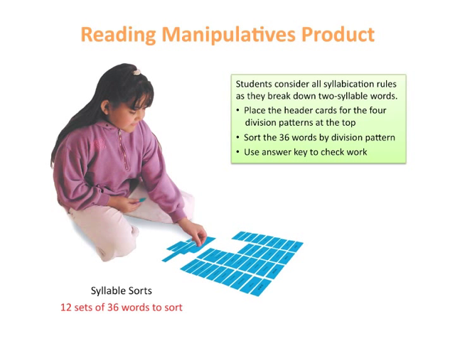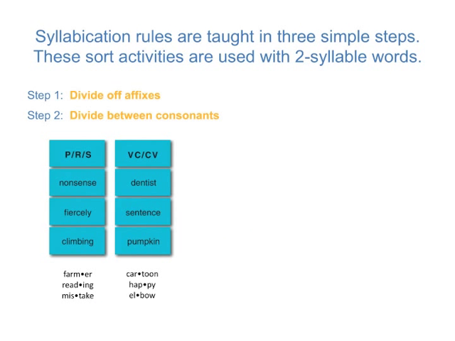Syllabication is often taught in such a fragmented manner that students are unable to pull all components together into a viable word analysis strategy. Students consider all syllabication rules in this material as they break down 2-syllable words. The first step is to divide off affixes.